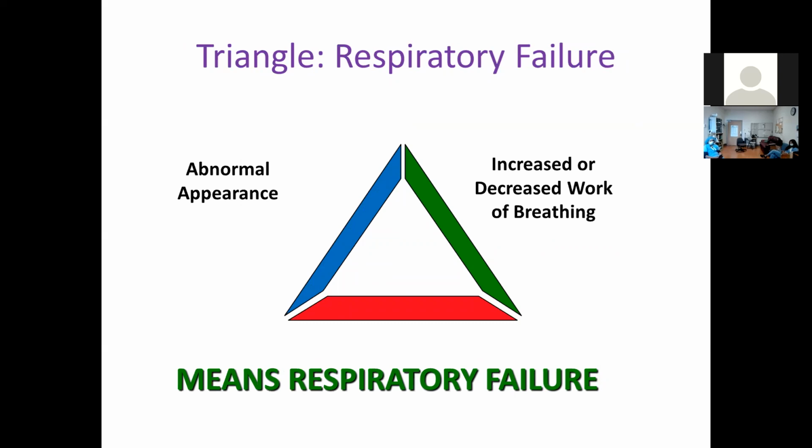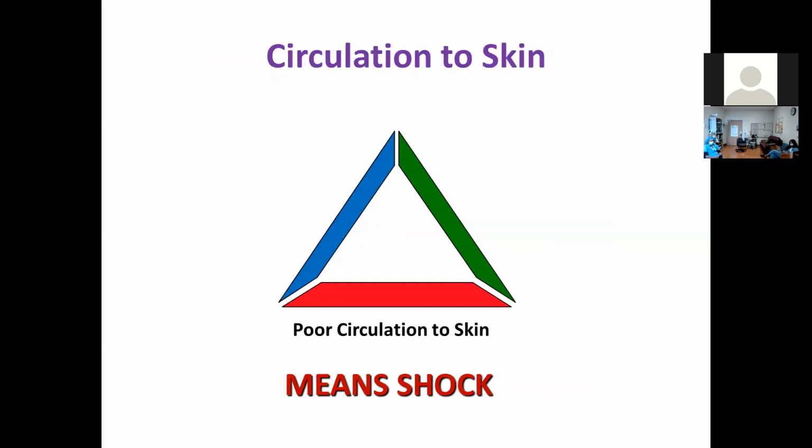When the child already has abnormal appearance, which suggests an altered end organ perfusion and the child is hypoxic, then what you will see is increased, but more likely decreased, work of breathing. So the child has progressed from respiratory distress to respiratory failure.